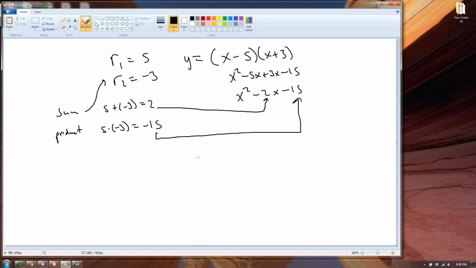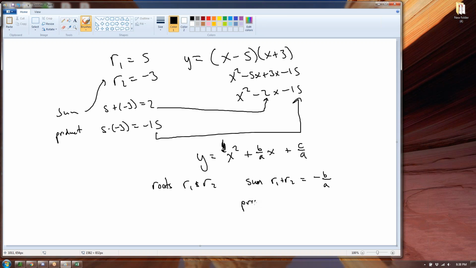In general, when you have a quadratic in this form of x squared plus b over a x plus c over a, where there is no a in front of the x squared term, it's just assumed to be a 1. If you know the two roots, r1 and r2, if you take their sum, r1 plus r2, that always gives you the opposite sign of b over a.